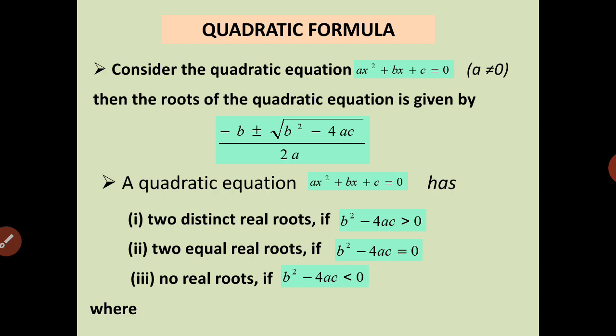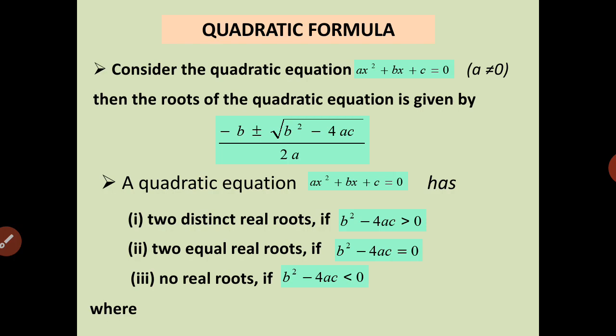If it is equal to 0, the second part of the numerator will not be there. It will become 0. So in that case, you will have that entire expression equal to minus b upon 2a, and that is how you get two equal roots.